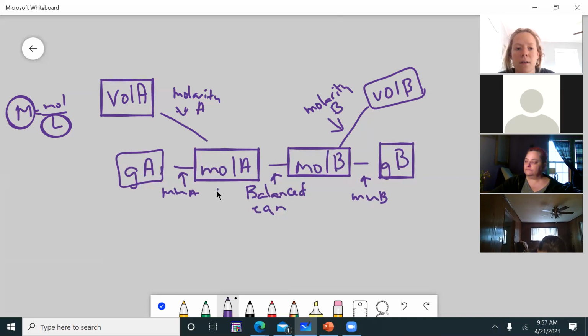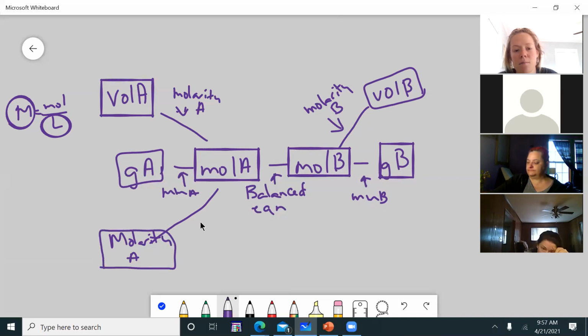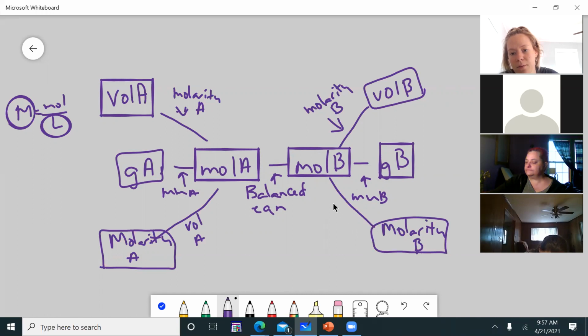I'm actually going to add another limb here. We could be given the molarity of A, and to get to moles, we could use the volume of A. And we could be asked for the molarity of B, and in order to get that, we would use the volume of B. Okay, so if we were going from volume to moles, we use molarity. If we're going from molarity to moles, we use volume.